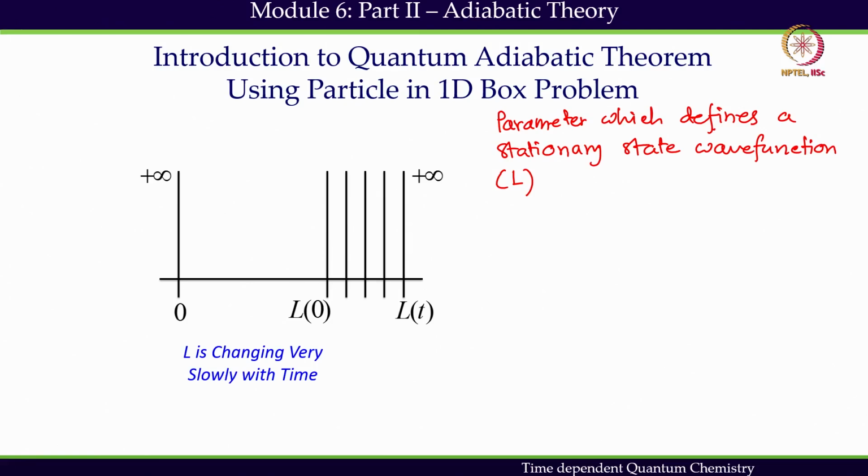So so far in all the time dependent treatment, we have assumed that the parameter which defines the stationary state wave function does not change as a function of time.